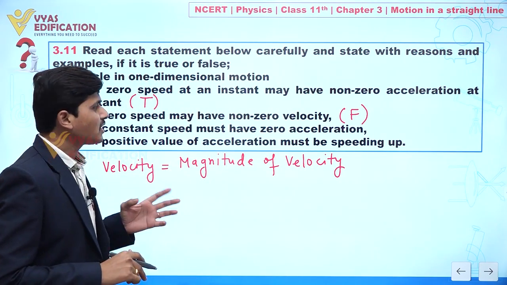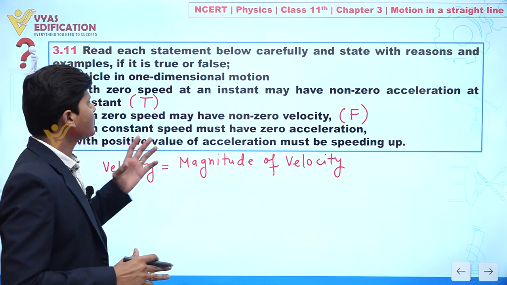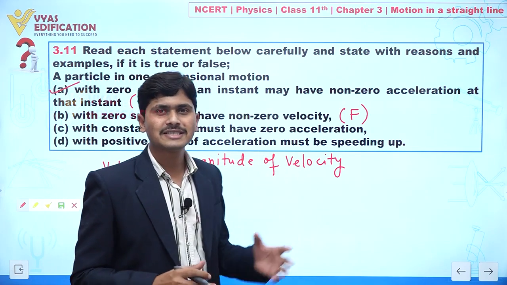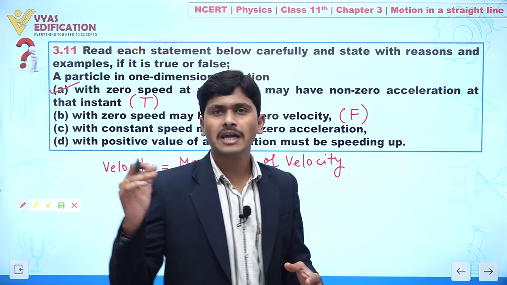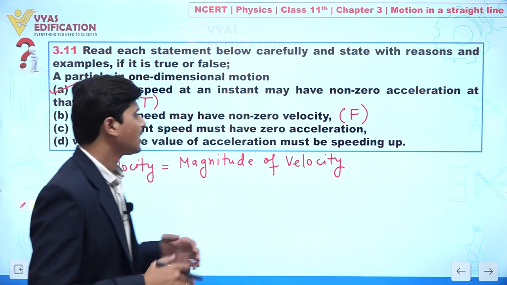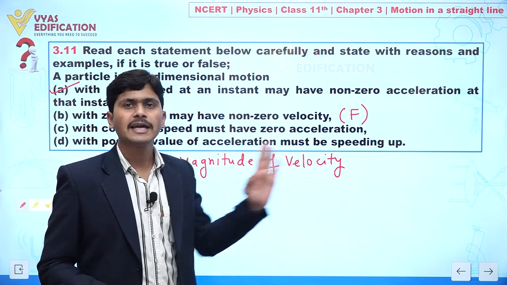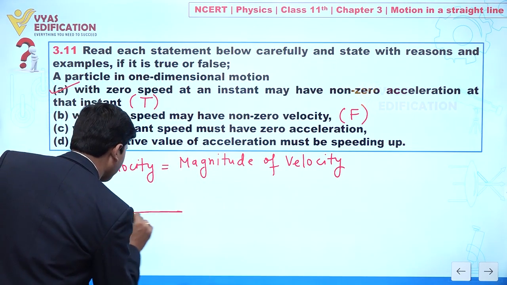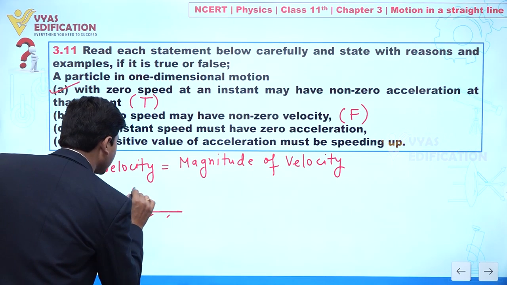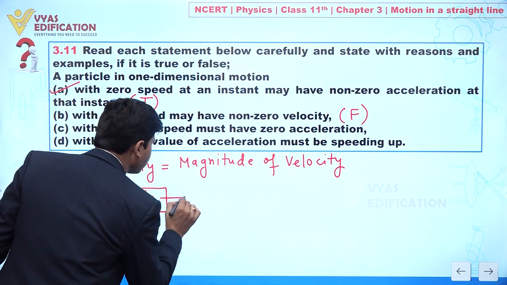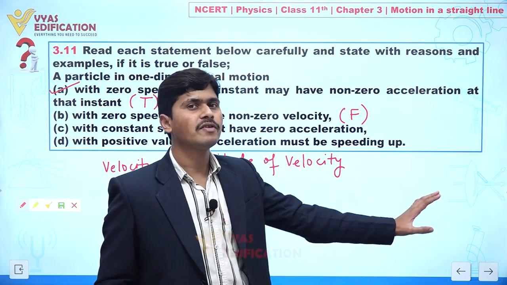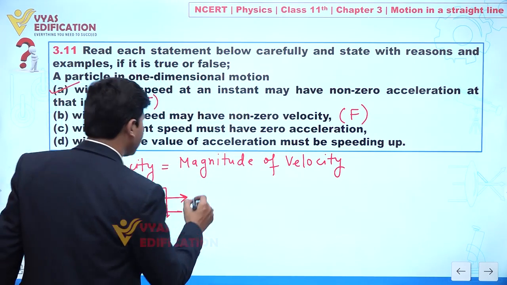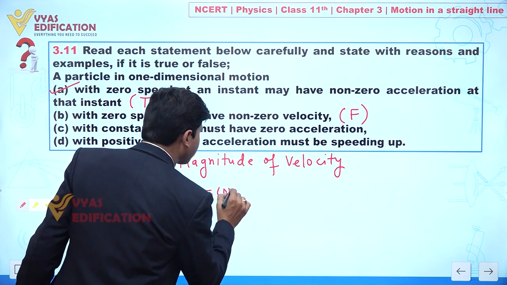Okay. Now the third statement: with constant speed must have 0 acceleration. Yes, when a particle is having one dimensional motion, let's suppose an object is moving in this direction. So this object is having one dimensional motion and it is having constant speed u.